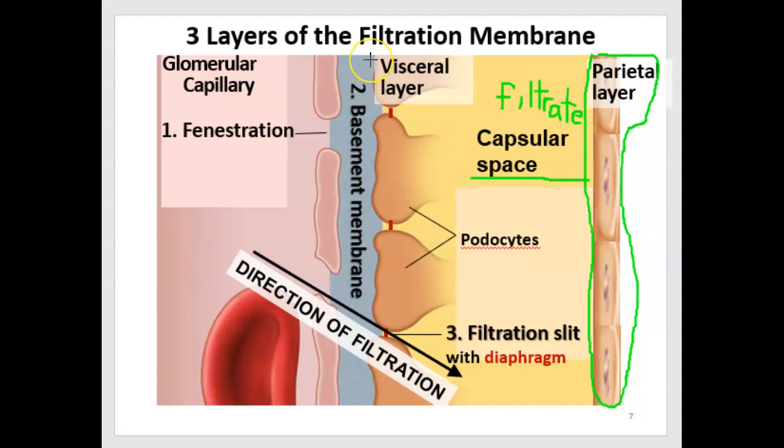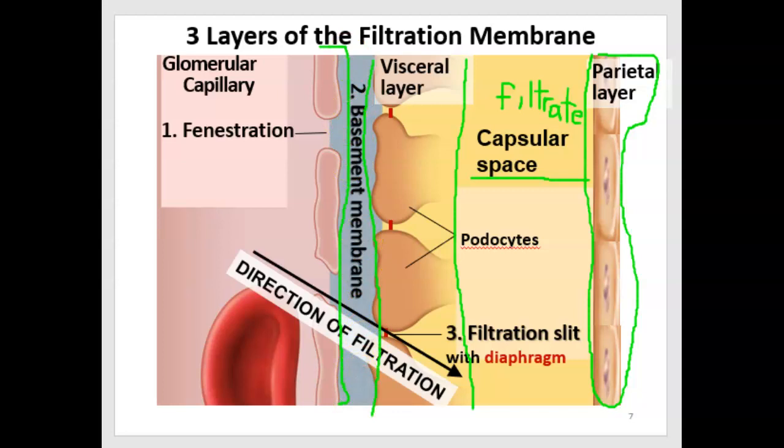And then the visceral layer forms those filtration slits. So that's part of the filtration membrane. And in between the glomerular capillary wall and the visceral layer is a basement membrane.